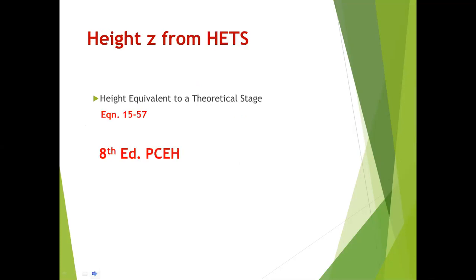Okay, the HETS, how it's being used to solve for the Z. There's a sample problem that I've discussed already, and it's already recorded how you use the HETS in determining the Z. As for a formula available in the handbook to use, this is that particular equation, 15-57, making use of the HETS from a table also to determine the Z. If you recall, you still need to determine the theoretical number of stages that you will multiply to HETS, which is an average of two values to get the Z as discussed. So this is the same equation that you have in your handbook.